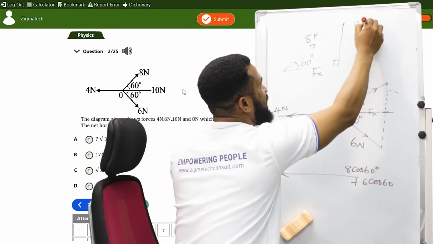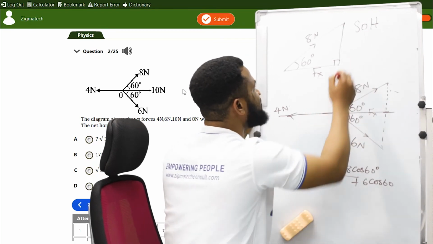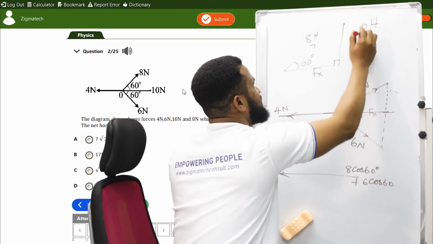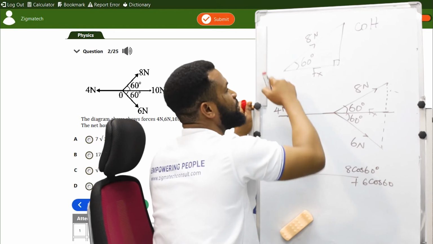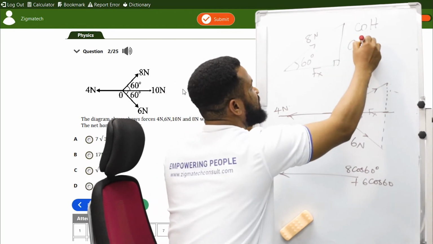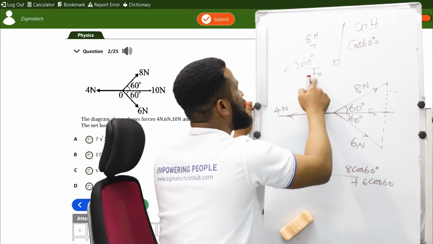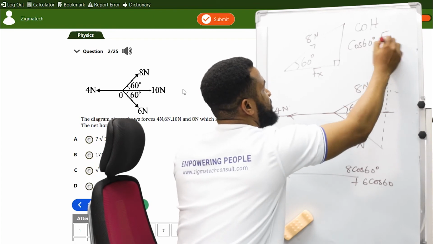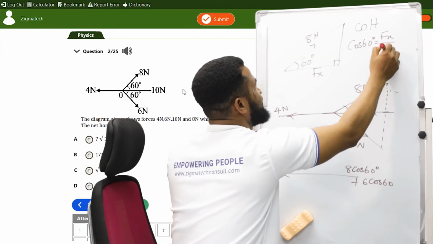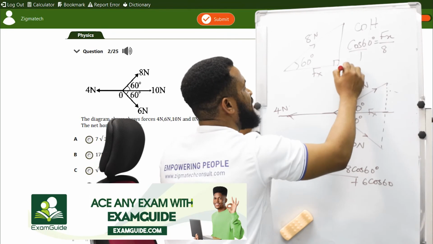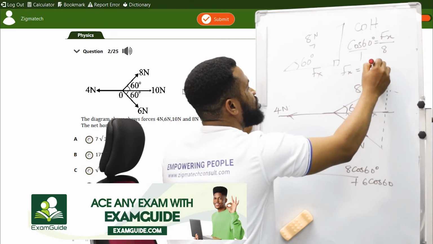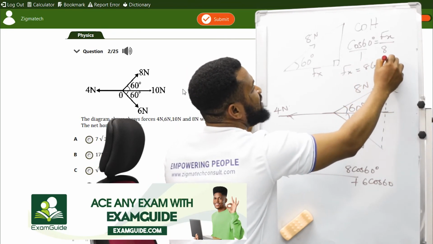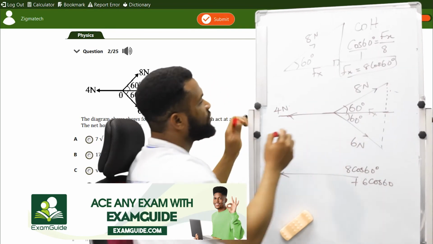So according to SOH-CAH-TOA, I'm using CAH because this is adjacent and this is hypotenuse. Cos 60 is equal to adjacent, Fx, all over hypotenuse, 8. If I clear the fraction, I have that Fx is going to be 8 cos 60 degrees. You see?